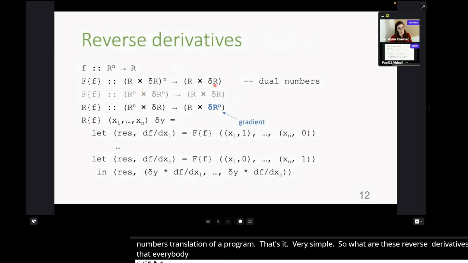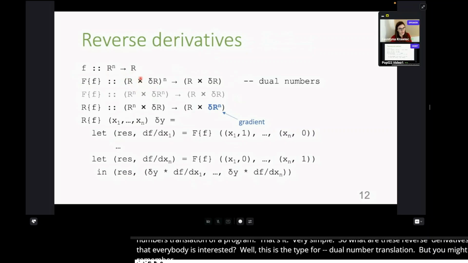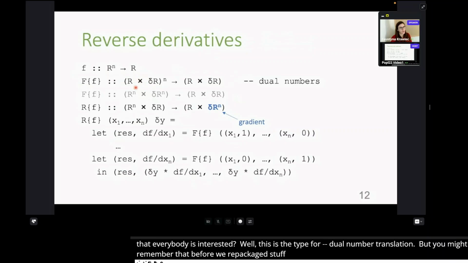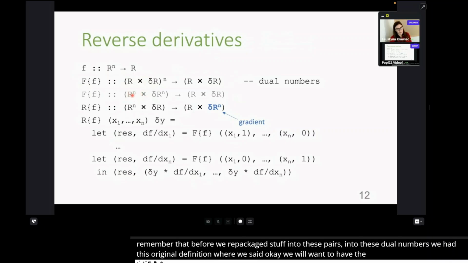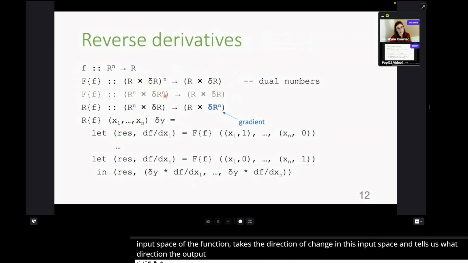Well, this is the type of our dual number translation. But you might remember that before we repackaged stuff into these dual numbers, we had this original definition where we said, okay, we want a program which takes a point in the input space of the function, takes a direction of change in this input space, and tells us what direction the output will change if we are given this change to the input.